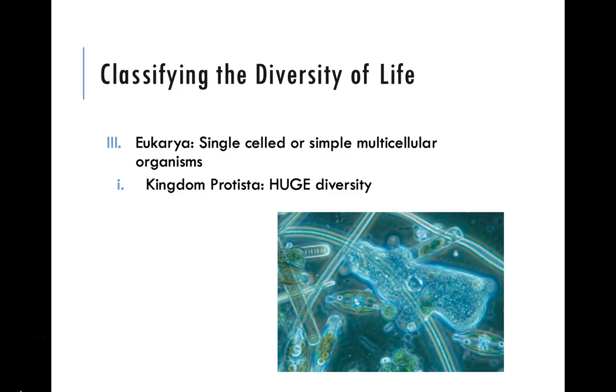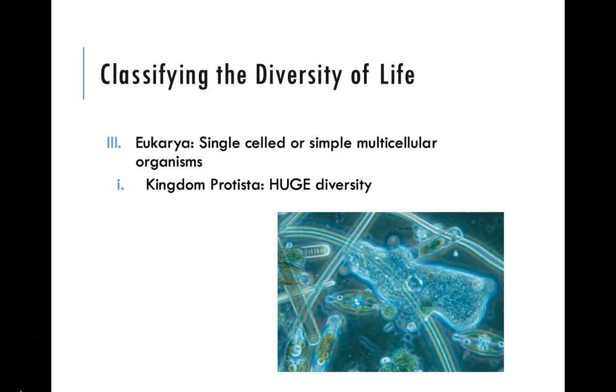And then last we have the protist, kingdom Protista. The protist kingdom is actually unique in that they are not their own group. They're kind of distributed throughout our plants, animals, and fungi. The protists have a huge diversity of organisms.